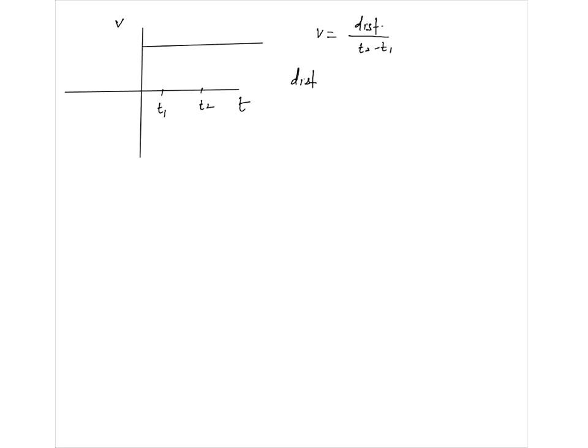And that means distance is v times t2 minus t1. Now this is something interesting, because if I construct a rectangle like this, height is v, this height is v, and this is t2 minus t1. Height is v. What is this? v into t2 minus t1. Is it not the area of the rectangle?